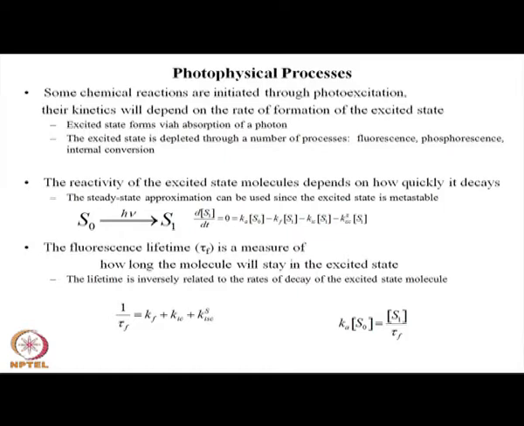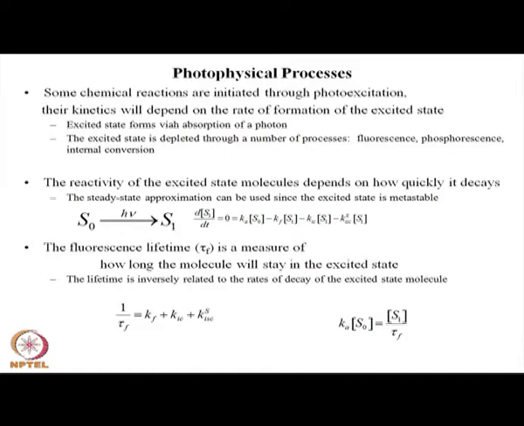The excited state is depleted through a number of processes: fluorescence, phosphorescence, internal conversion. Fluorescence and phosphorescence are radiative; internal conversion and intersystem crossing are non-radiative. The reactivity of the excited state molecules depends on how quickly they decay. If it decays quickly, there is trouble, but if it stays for a considerable interval of time, there may be a possibility of reaction.